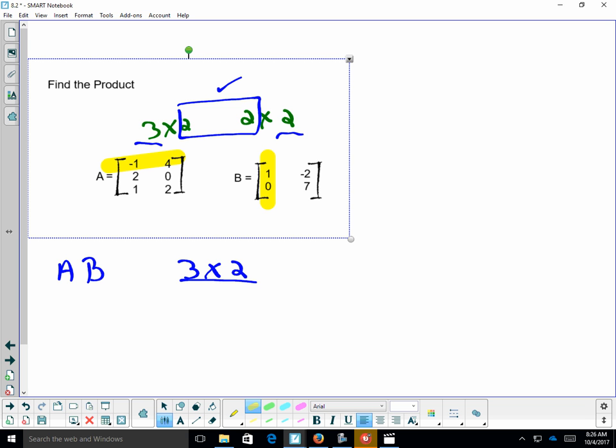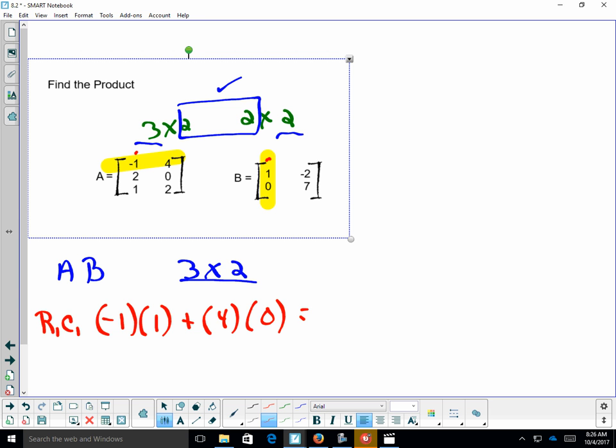So when I do that, I'm writing myself a note because I like to write myself notes. I'm doing row 1, column 1, and I'm going to take -1 times a +1, because that's row 1 times column 1, plus, and now I'm going to take the second entry of row 1 times the second entry of column 1, 0.